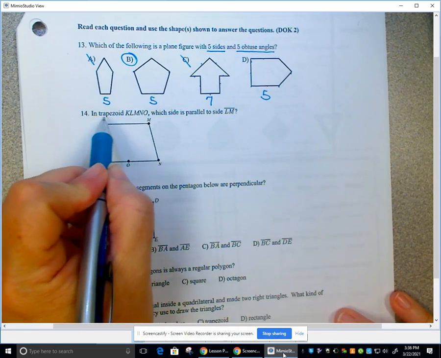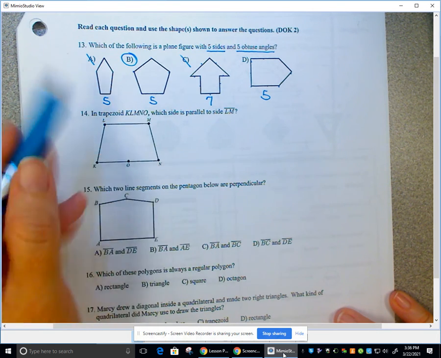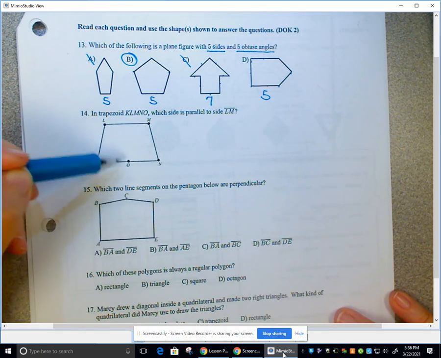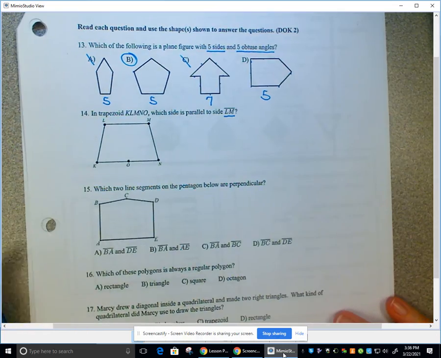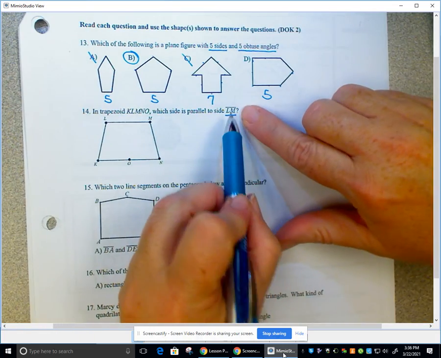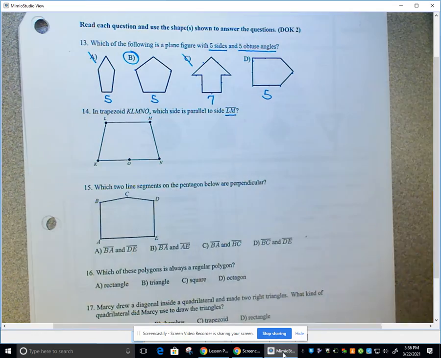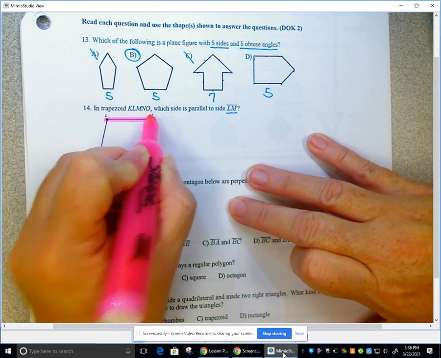All right, it says in trapezoid, right here, they're naming it KLMNO. Notice how they're naming it with all the letters. Which side is parallel to side LM? Or I need to say line LM, that line above it. Let me highlight LM. There's line LM.